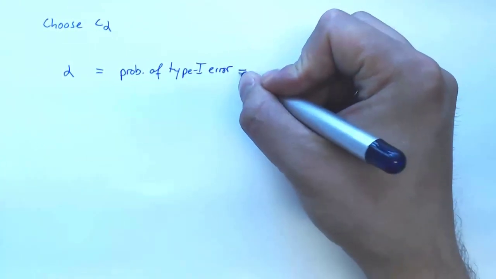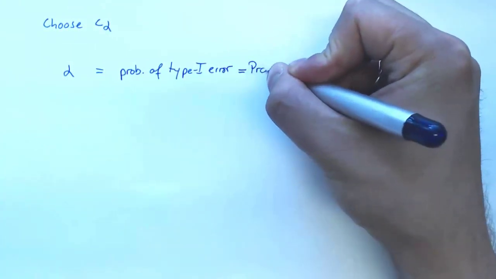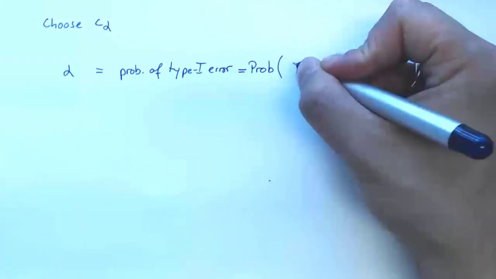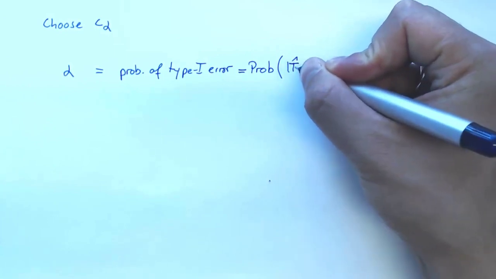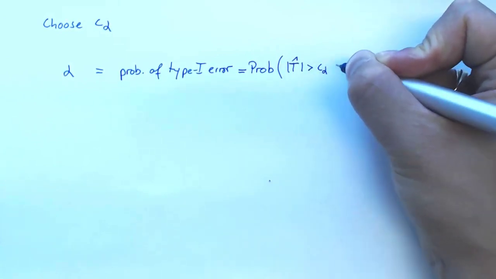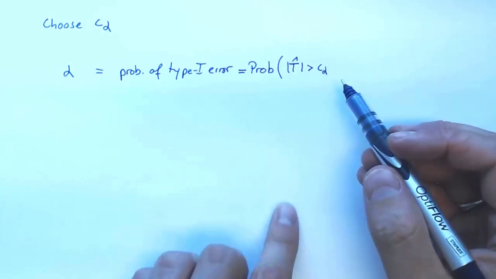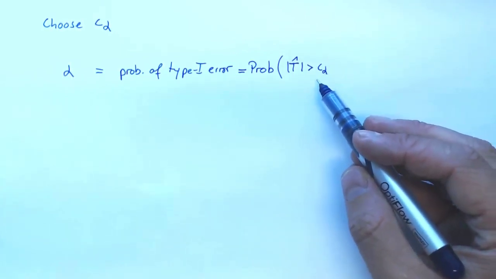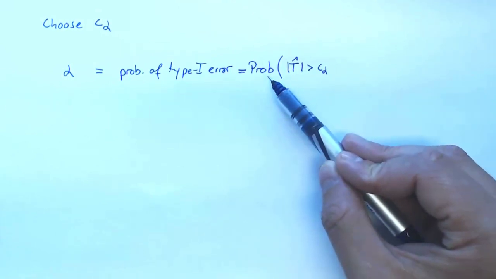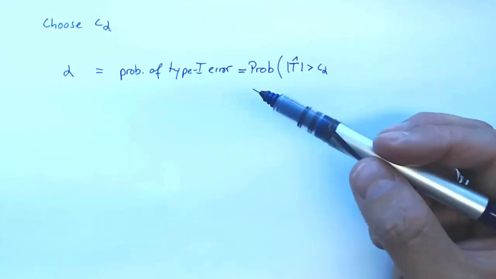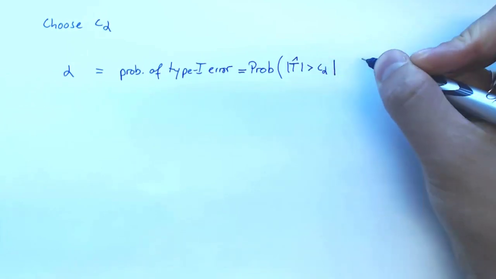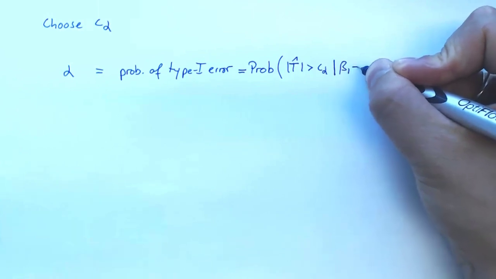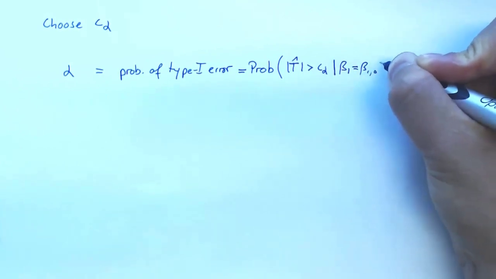So let's express this probability using symbolic notation. The type 1 error is the probability of rejecting, and this probability is computed under the assumption that the null hypothesis is true. To indicate that, I'll write: assume that the null is true, or in other words, that beta 1 is equal to beta 1 not.